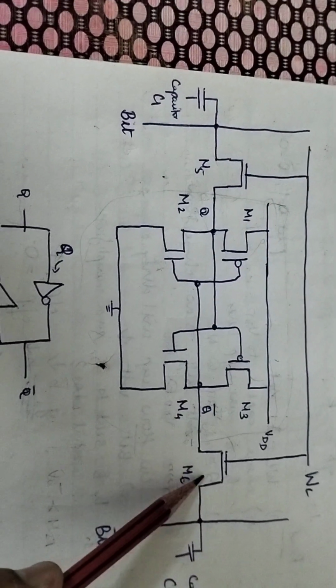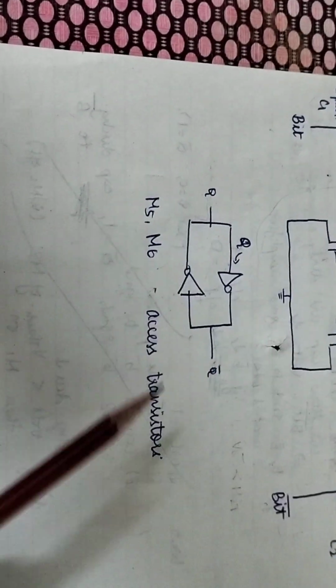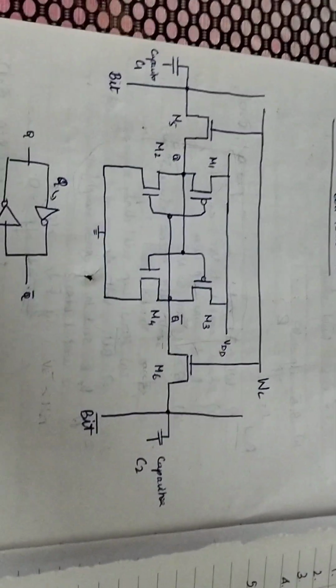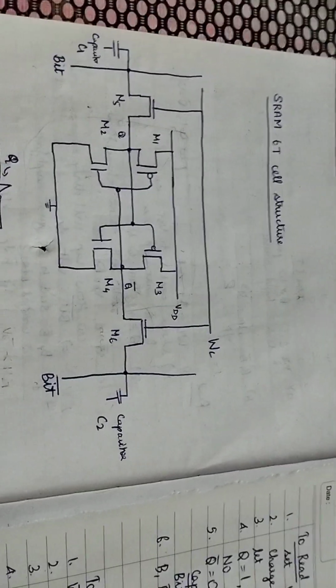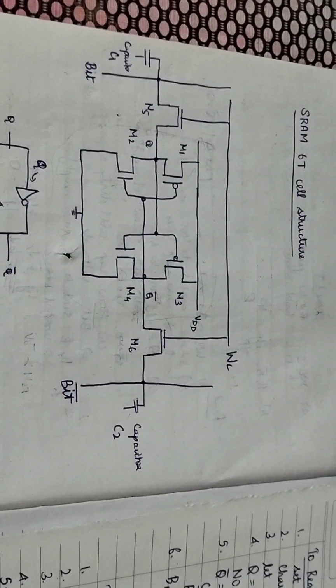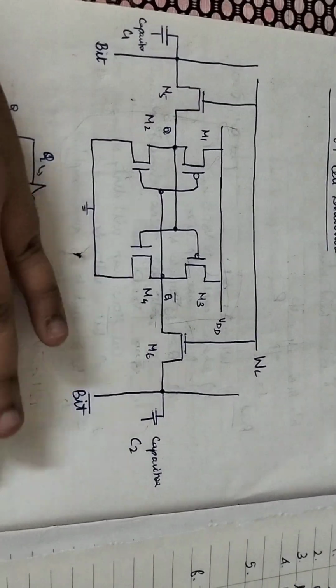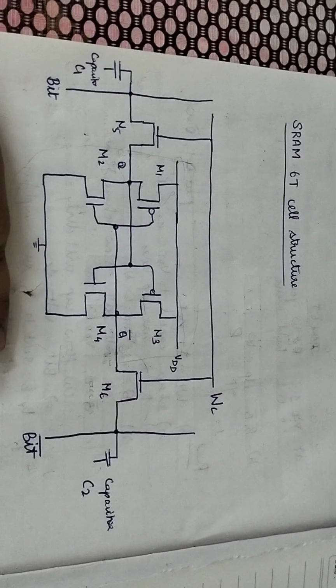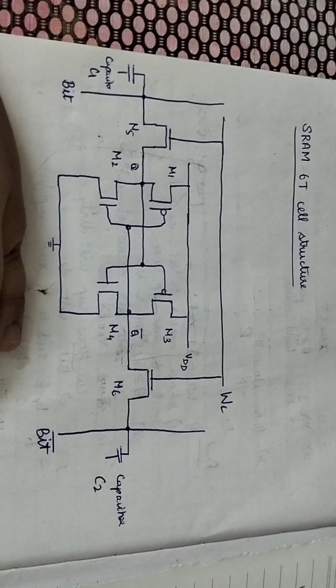Now after that we have 2 transistors M5 and M6 which are called access transistors. So what do we mean by that? In your memory, you know that your memory is an array of cells like this, right? This is the structure of one cell, and your memory is going to be made up of millions of cells like this.